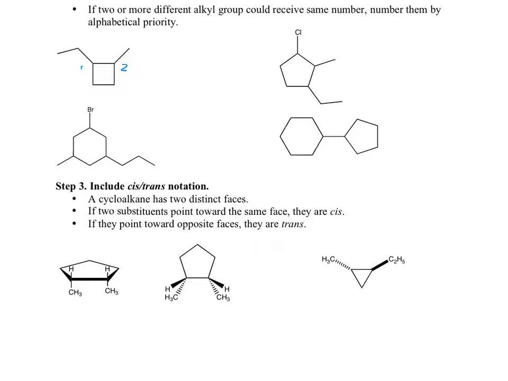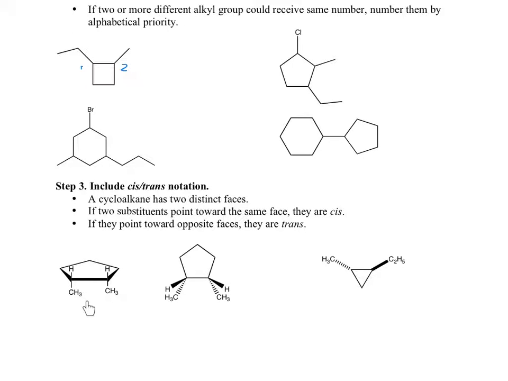For instance, this cyclopentane ring is drawn as a 5-member ring that's perpendicular to the plane of the screen. Therefore, you can clearly see that these two methyl groups both point down or on the same face of this cyclopentane ring.